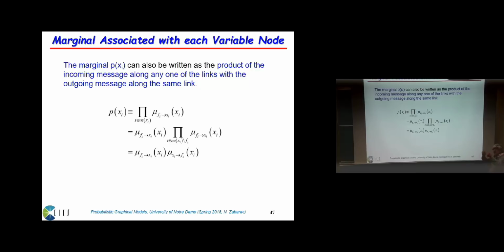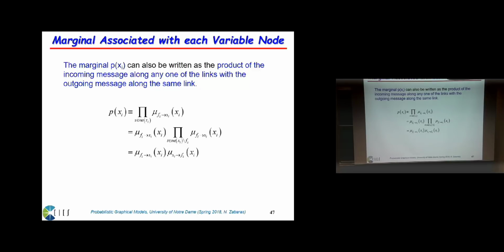If I have a node connected to a factor and I want the marginal of that node, take the message this way times the message that way, and that will give me the marginal. Very nice, quick result in computing marginals.